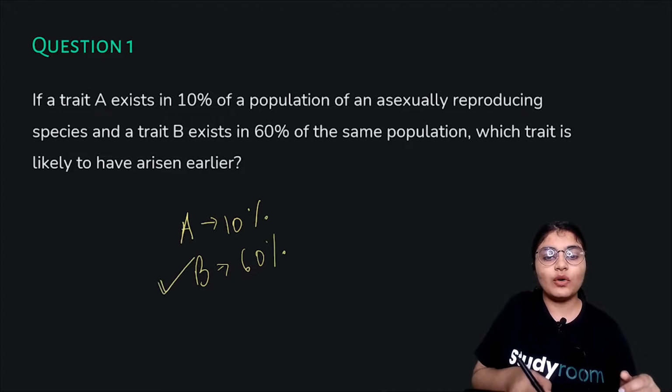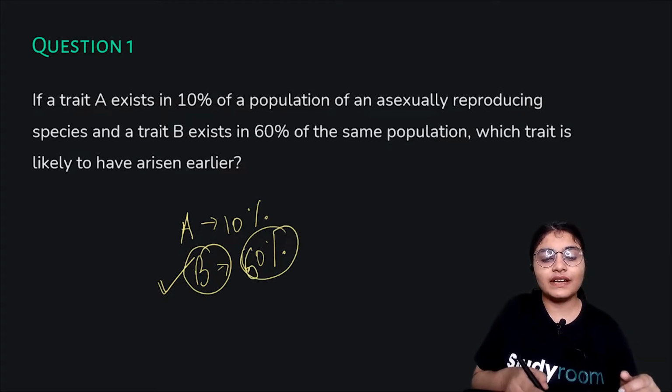Now, since this is more evident, and this is more in number, we can say that this trait has arisen earlier because it has spread to a big number of the population. That is why trait B is likely to have arisen earlier and has spread to 60% of the population, while trait A is new and has spread to only 10% of the population, right?